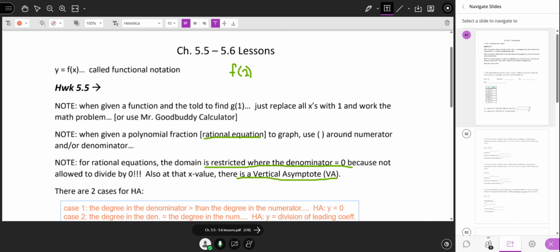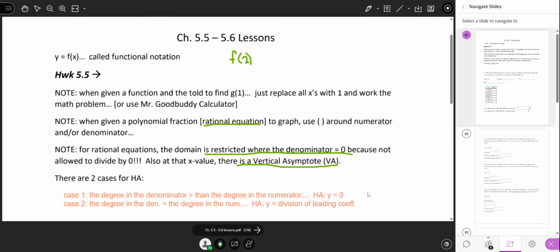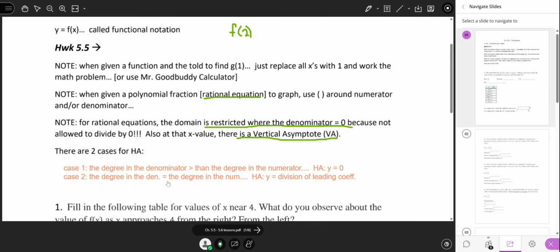And you'll see how to deal with both of these. You don't have to divide the x's. All you have to do is divide the numbers.